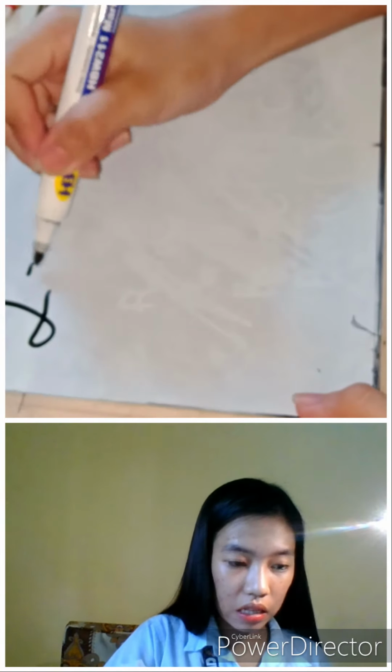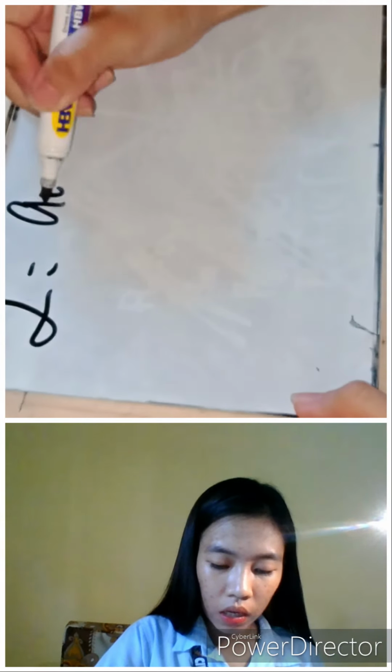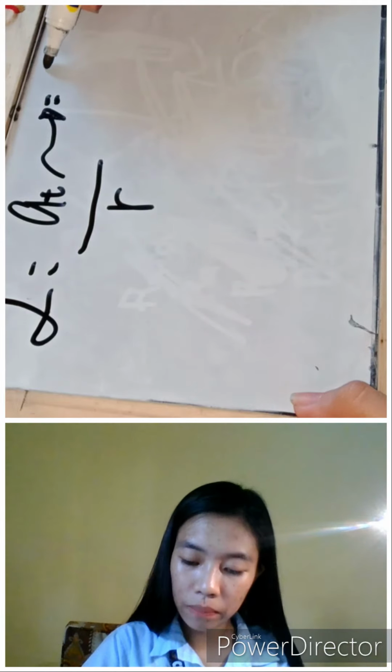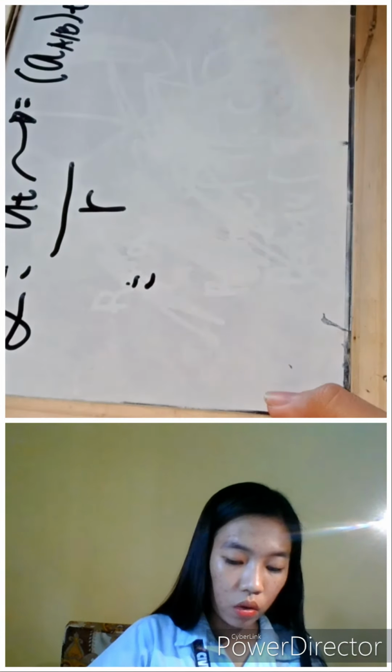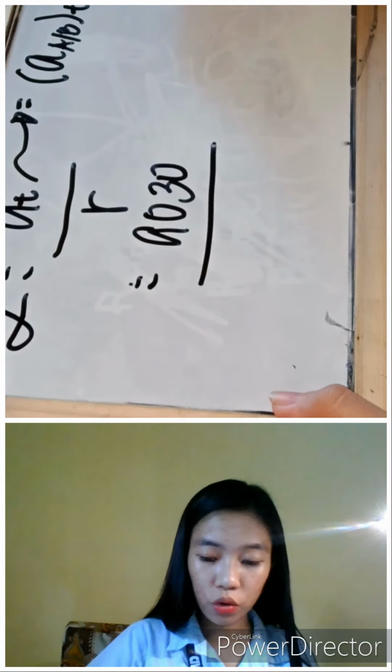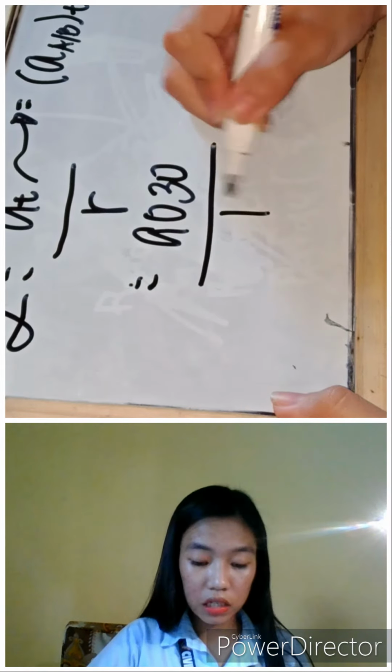So for the final requirement in this problem, we need to calculate the angular acceleration of the connecting rod AB. So, we have here a formula: angular acceleration is equal to tangential acceleration over r, where our tangential acceleration is the relative tangential acceleration of A and B. So, let's substitute: 9,030 all over our radius of 14 inches.